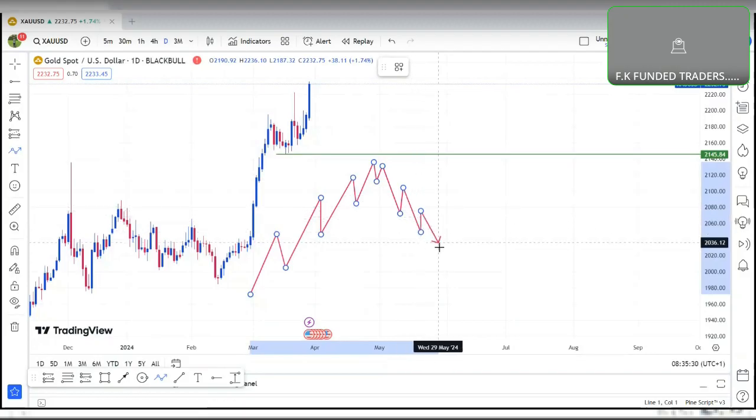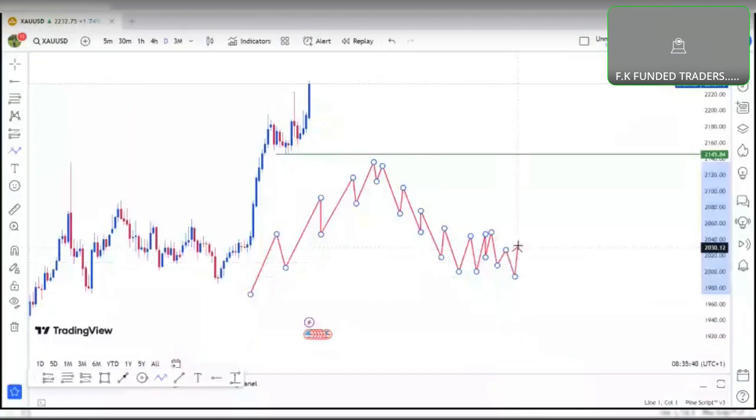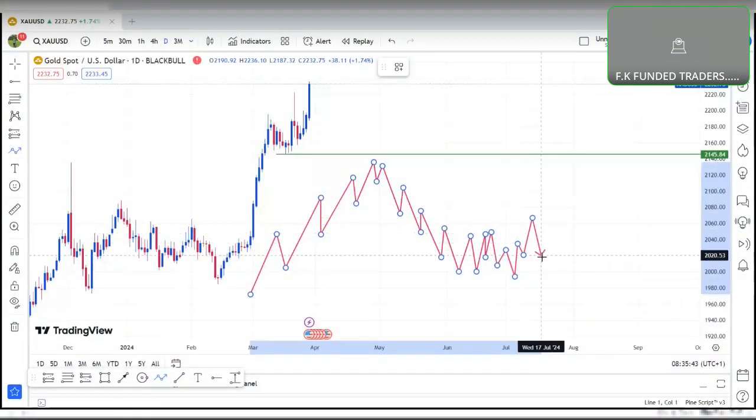Now this is giving us the bearish trend. Then from there we're having a consolidation. Consolidation doesn't matter as long as the market is in that range, moving up and down. Those that have been trading before, when I talk about that, I'm very sure you know what I mean by that.